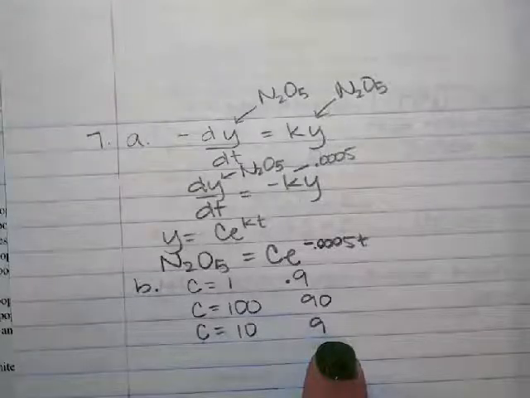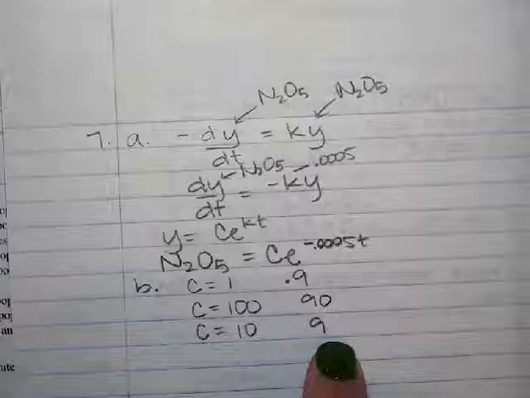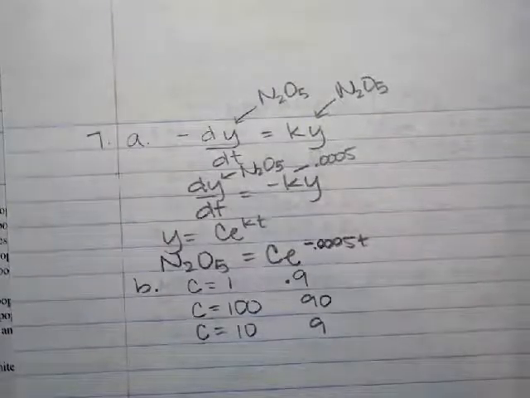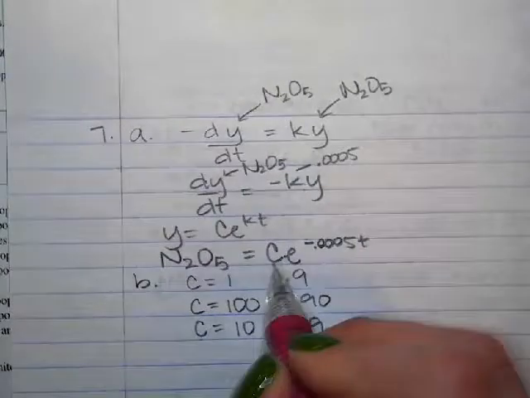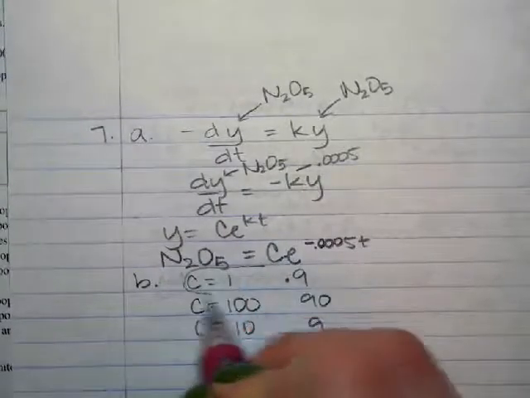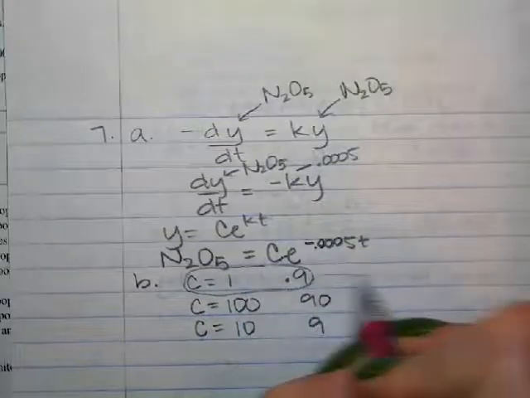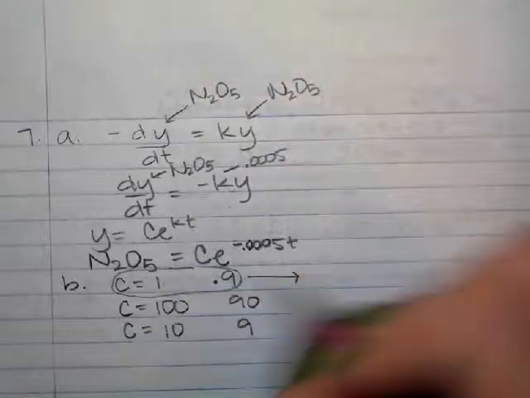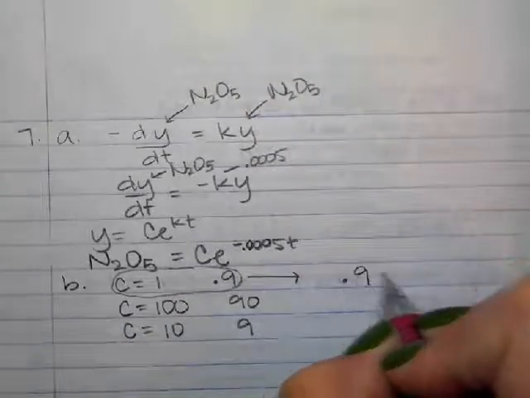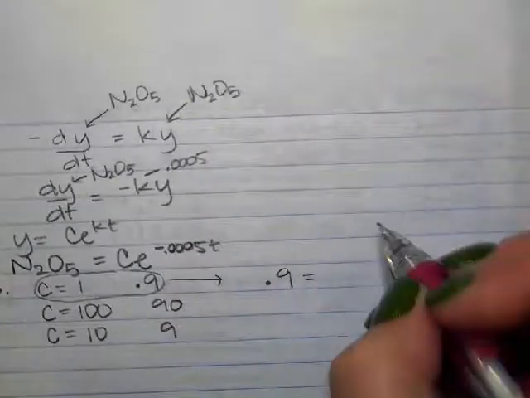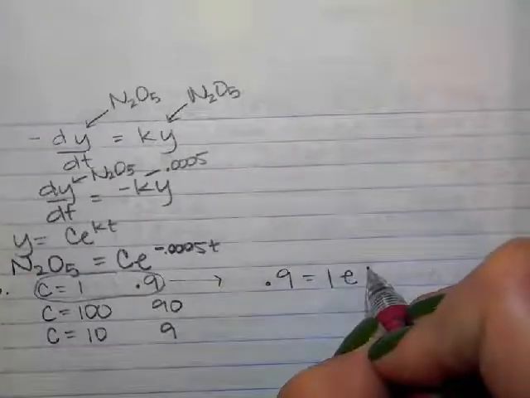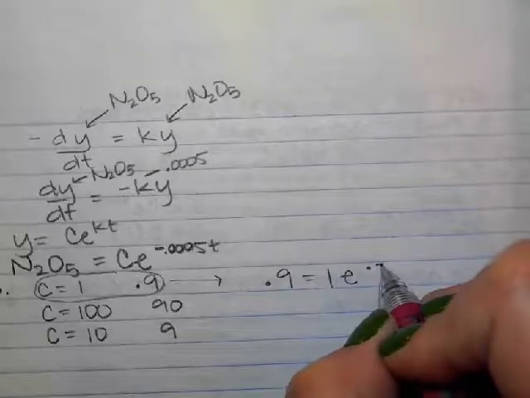All right, which one do you guys want to use? The first one? Okay, so we'll use the first one. So if we use that first one, we're going to say y equals, or the N2O5 equals, 0.9 equals C e to the kt, because we didn't know when it was 90%, we just know that the next value was 90%.